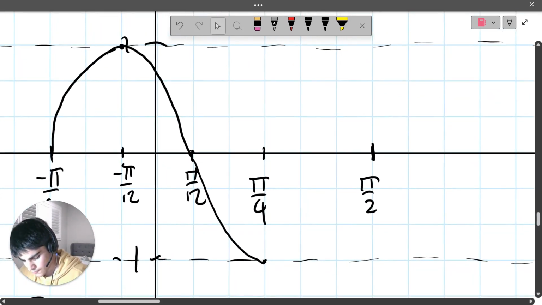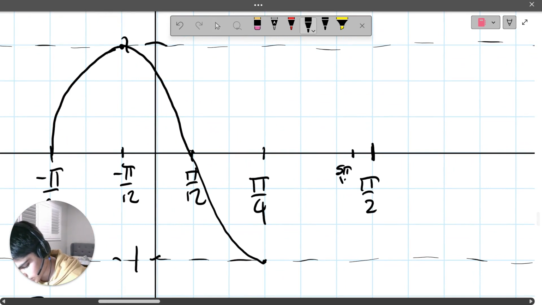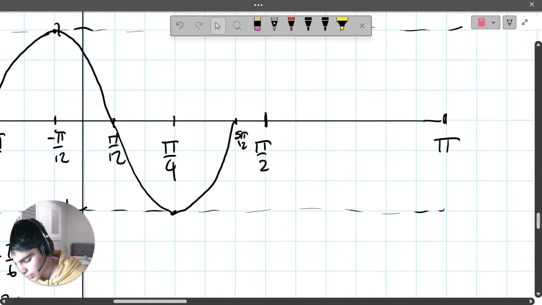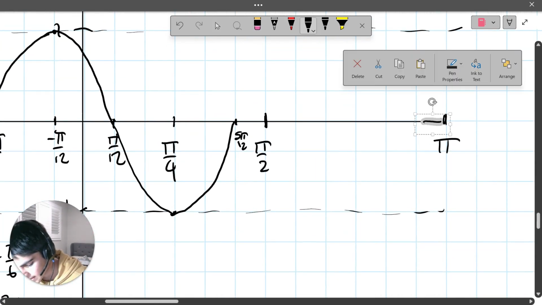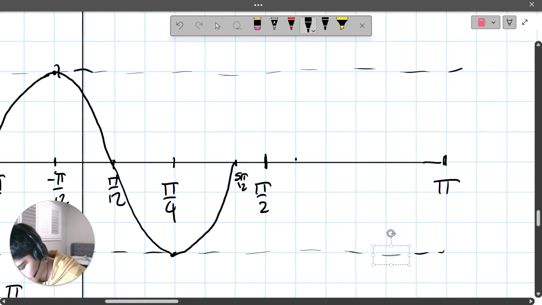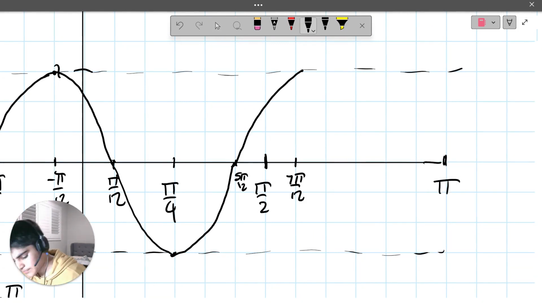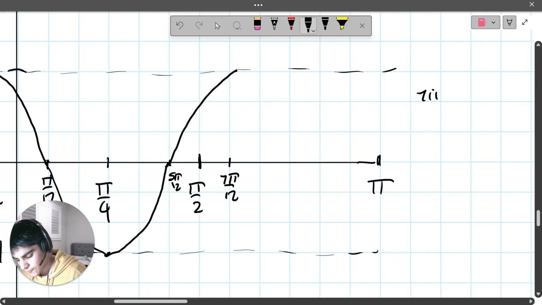5 pi on 12 is approximately here. Let's put this here. 5 pi on 12 plus 2 pi on 12 is 7 pi on 12. Let's put 7 pi on 12 here. And 7 pi on 12 plus 2 pi on 12 is 9 pi on 12.